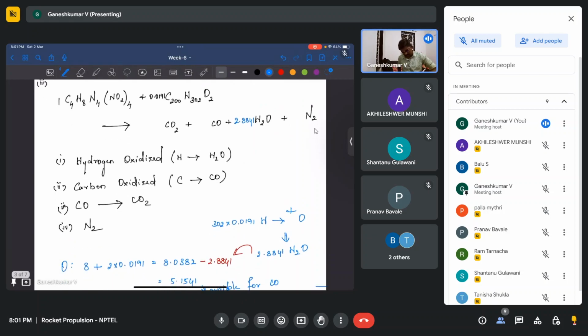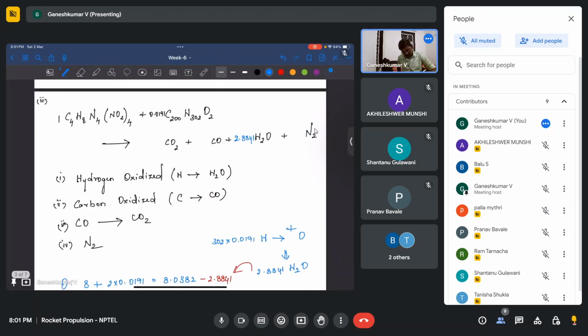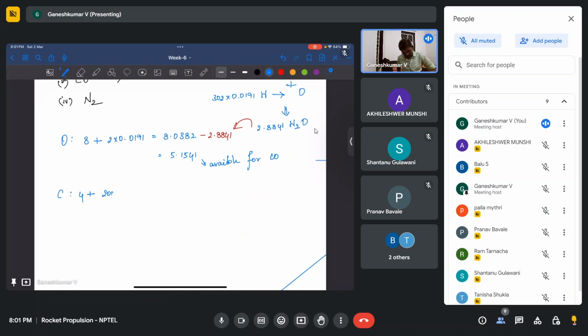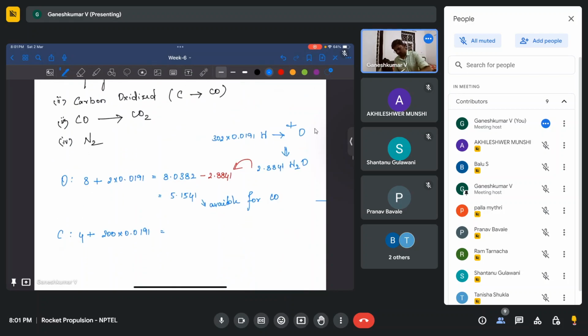We have 4 carbon atoms in HMX, and 200 into 0.0191 from the HTPB. So you have 3 plus 4, 7.82 carbon atoms present.